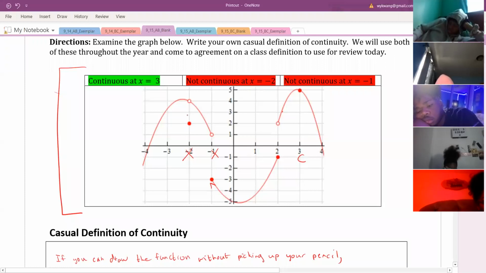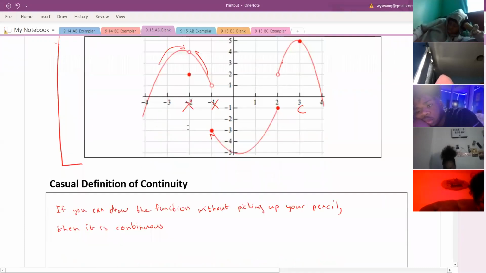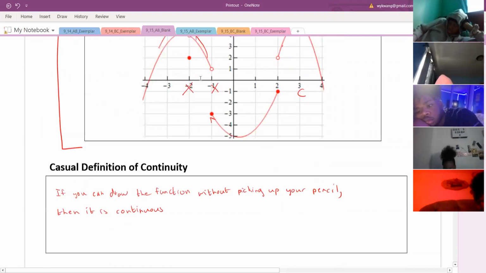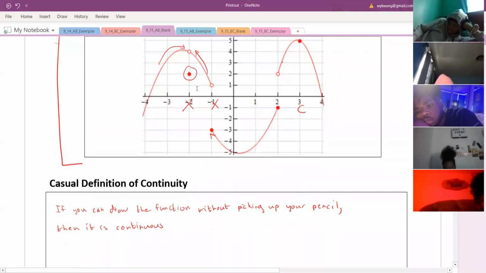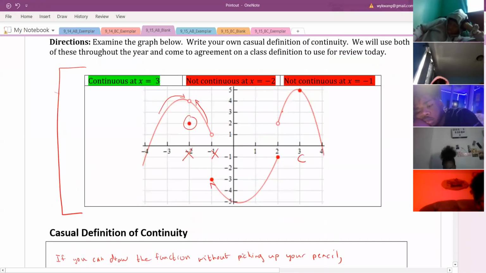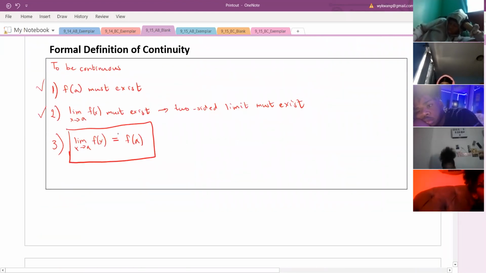Well, even if this point exists, we have a two-sided limit that works, right? They're going to the same point. So technically, the second requirement is fulfilled. F of a also does exist. So that's fulfilled. But the issue is that the two-sided limit does not equal f of a. The two-sided limit is going to 4. F of a is at 2. So the issue here is that they're not equal to each other.